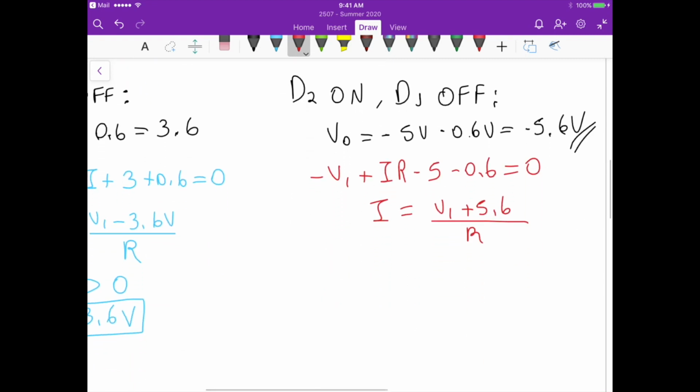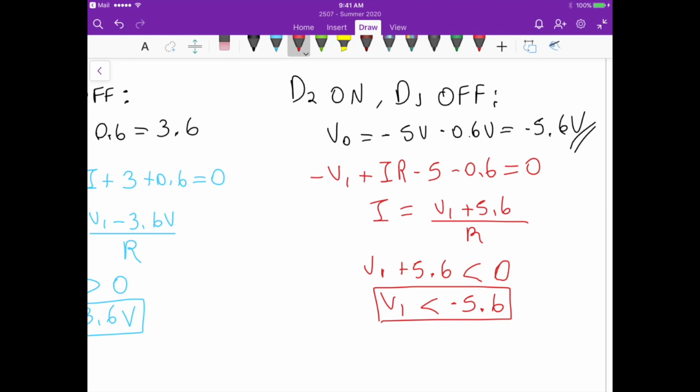So VI plus 5.6 should be less than 0, because then this would give us a negative value of current. So indeed, VI should be less than minus 5.6.